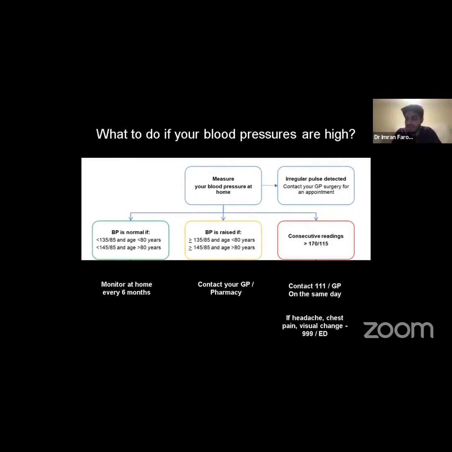We don't expect you to keep checking your blood pressure every day or every week. It's okay to check it maybe just every 6 months. That's why I said, if you've just got one blood pressure machine at home, you can share it amongst friends and family, because if you've got a normal blood pressure, then you only need to do it maybe every 6 months or so. And it's a good idea, like I mentioned, to do 7 days' worth of readings every 6 months just to keep an eye on it.